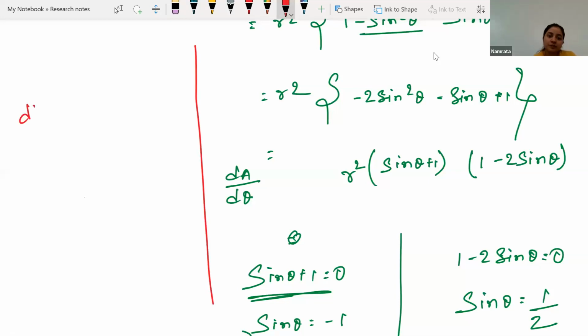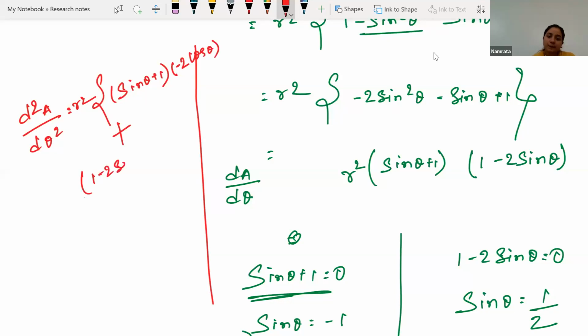So d2A over d theta square will be r square. Let's keep the first function as it is, times the derivative of the second function, minus 2 sine theta, which becomes minus 2 cos theta, plus the second function times the derivative of the first function, only cos theta.